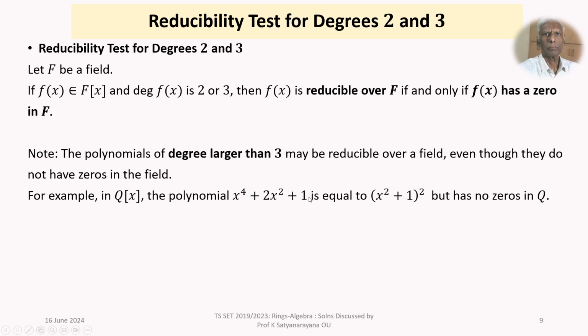Why? Because it is written as (x^2 + 1)^2. That means it is written as the product (x^2 + 1) multiplied by (x^2 + 1), g(x) and h(x), where both are polynomials of degree less than f(x). But this polynomial has no zeros in Q. So it is reducible.